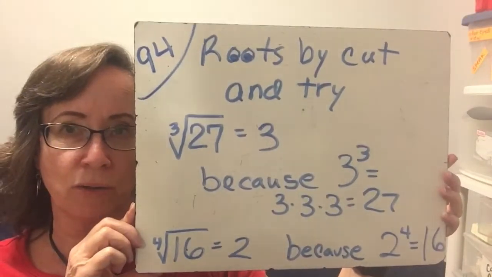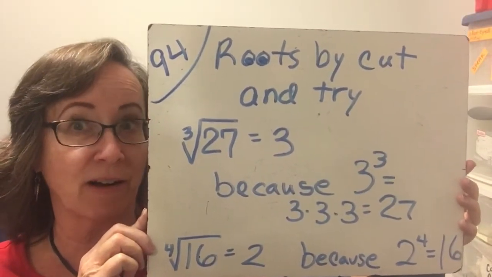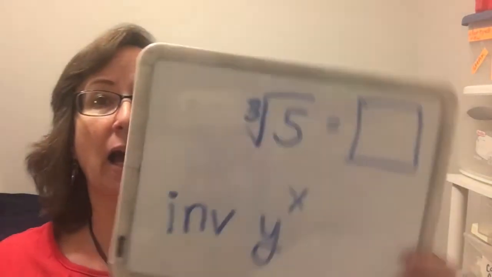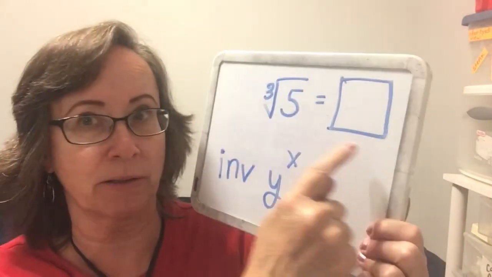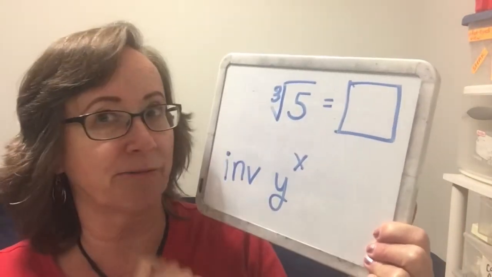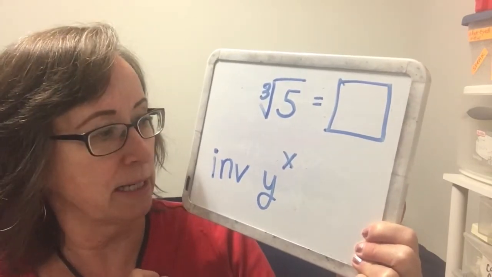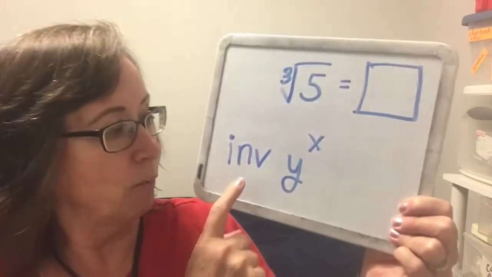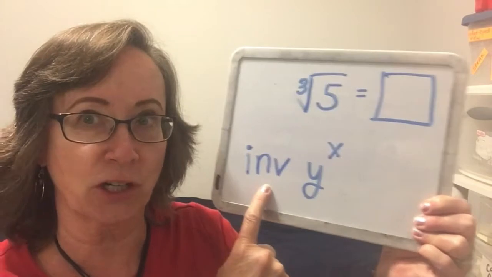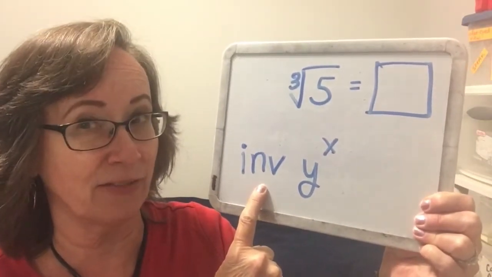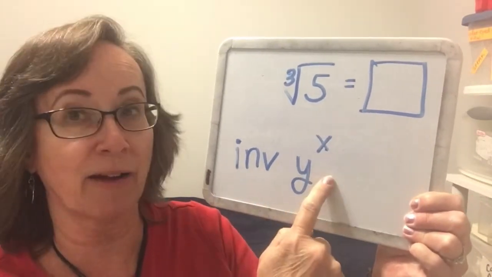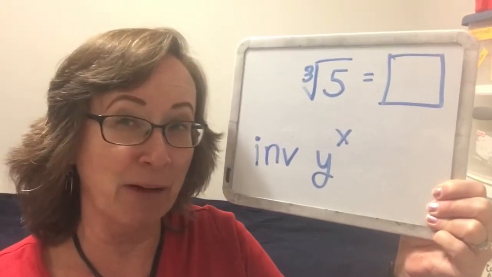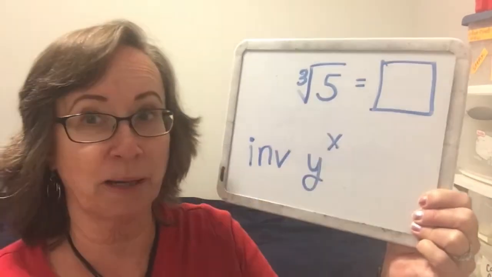What do we do when we have roots that are not exact? Well, we can get a very good approximation of something like the cubic root of 5. The cubic root of 5 is not a perfect root, and later on we will do an inverse operation on our scientific calculator, inverse of y to the x, and that will give us the cubic root.